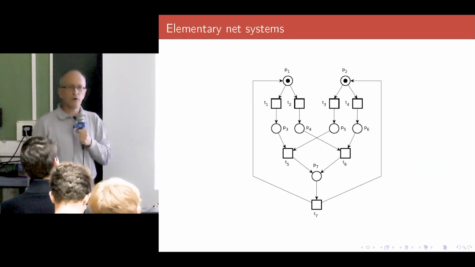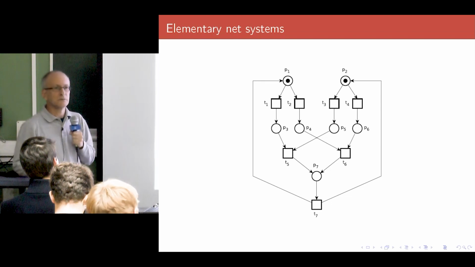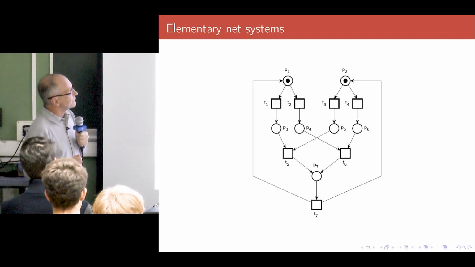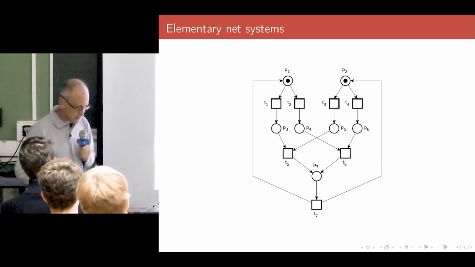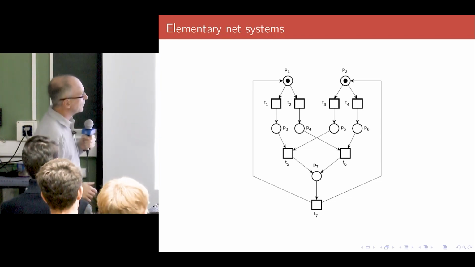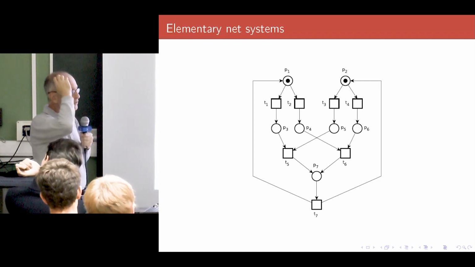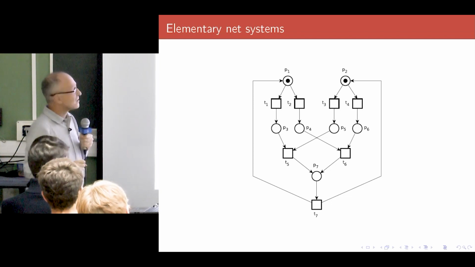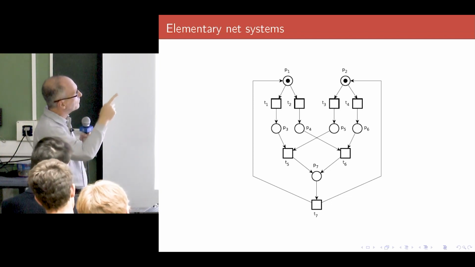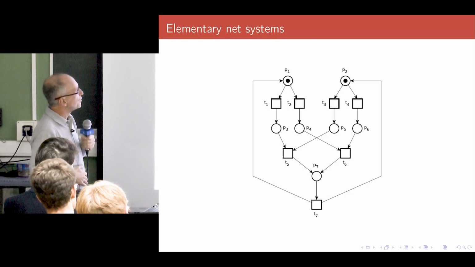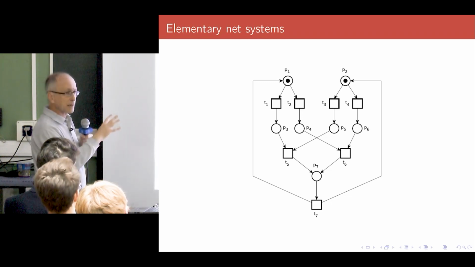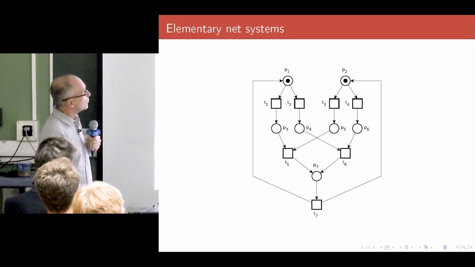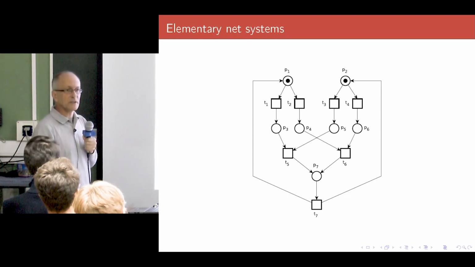So this is an example of a whole elementary net system. Maybe I can spend one minute trying to describe what this can model. As you see, there are several local states named P1, P2, and so on, through P7, and some transitions, some events or actions, T1, T2, and so on, up to T7.